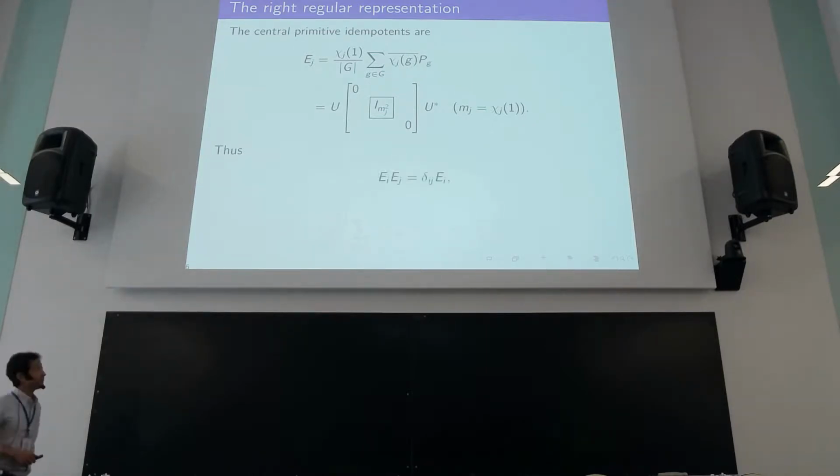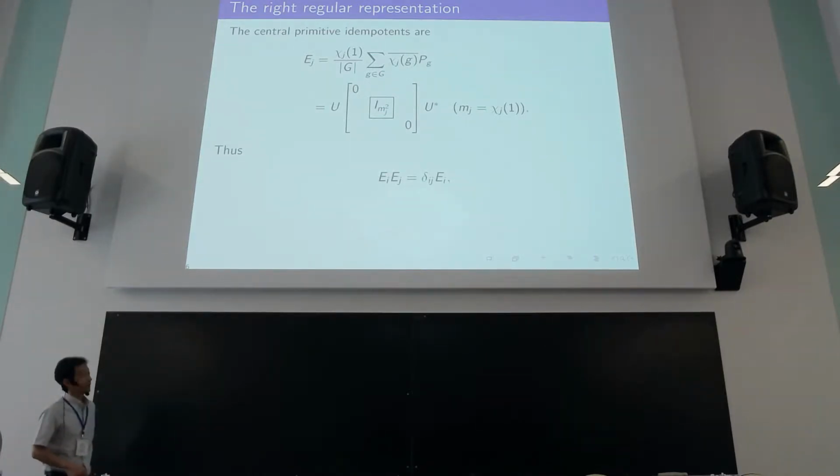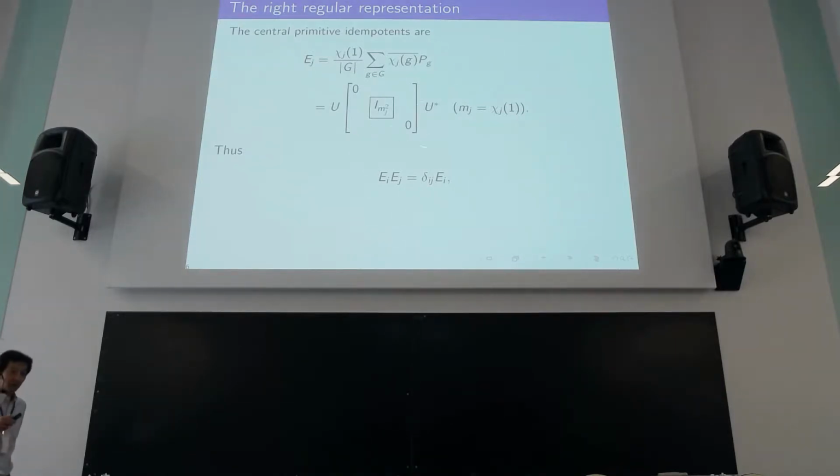And primitive idempotents are orthogonal to each other because from this form it is clear that the positions of the diagonal ones are disjoint. So if you multiply different Ei, Ej, then you get 0.